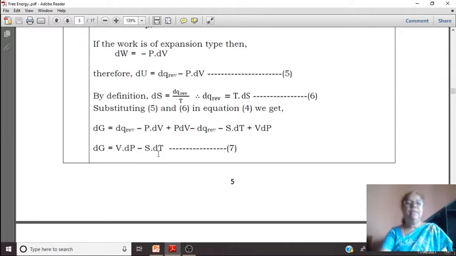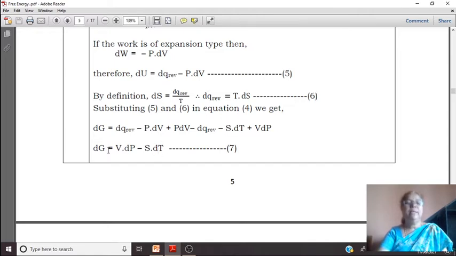Understand, this equation is an important equation. The small change in free energy is given by the product of volume into change in pressure minus entropy of the system into change in temperature.